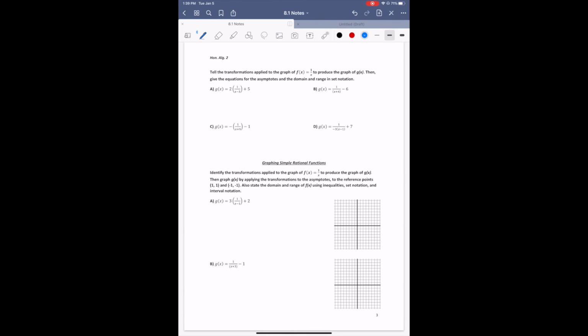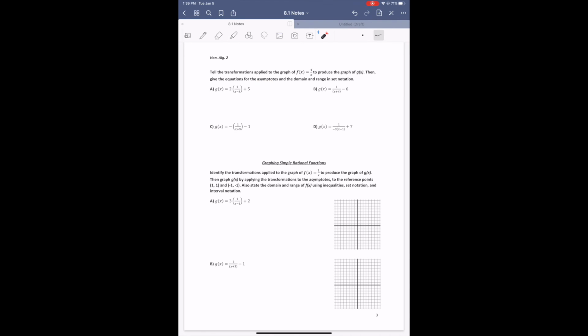So let's go ahead and look at some examples here. First example tells us, tell the transformations applied to the graph of f of x equals 1 over x to produce the graph of g of x. Remember, we're comparing g of x to the parent function 1 over x and describing these transformations. Then give the equations for the asymptotes and the domain and range in set notation.